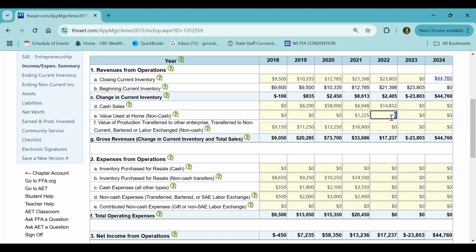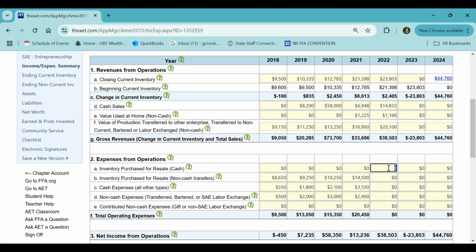Their cash expenses were $1,166. And then 1F, their bartered exchange of labor is $16,900. Sorry, that's not right. It's $20,100.